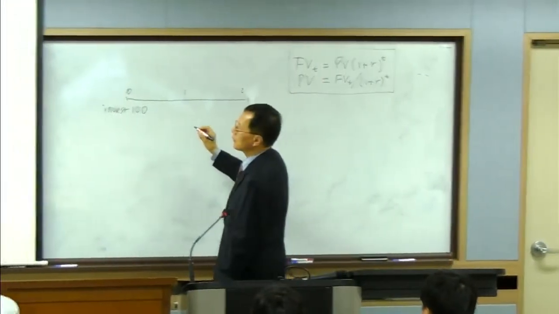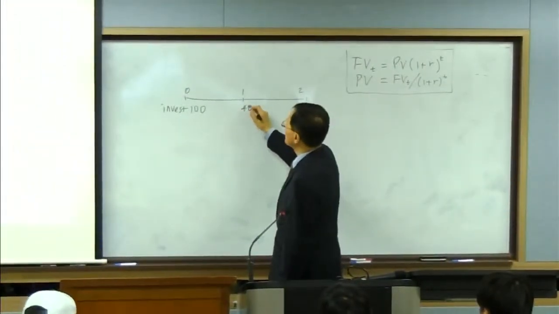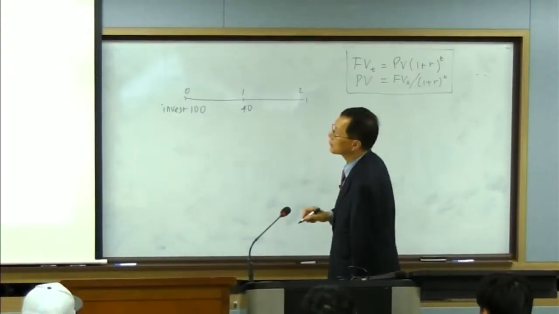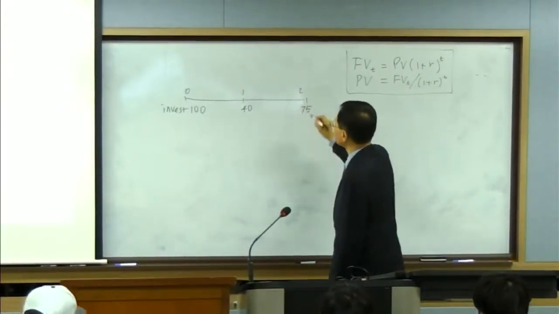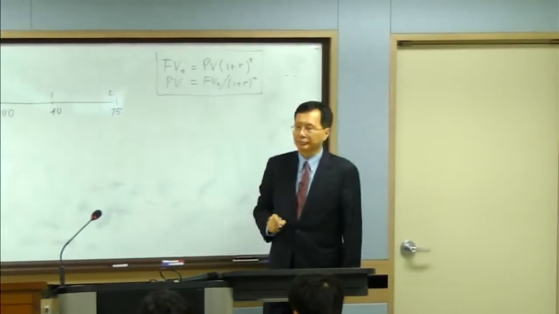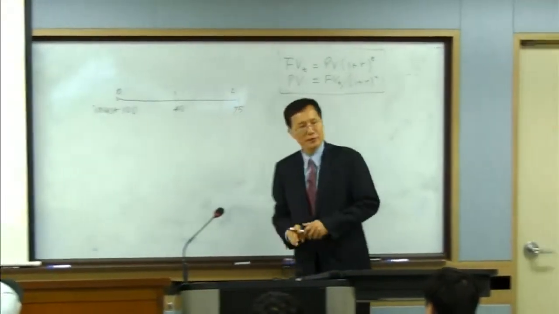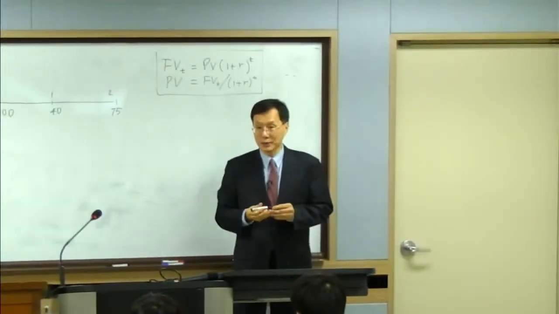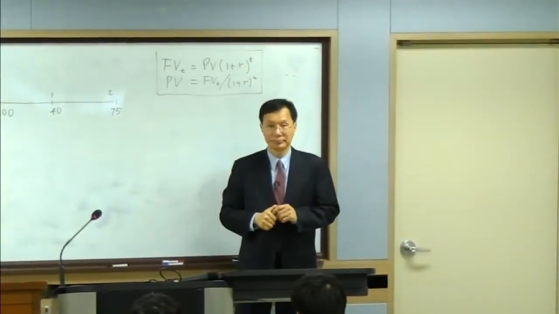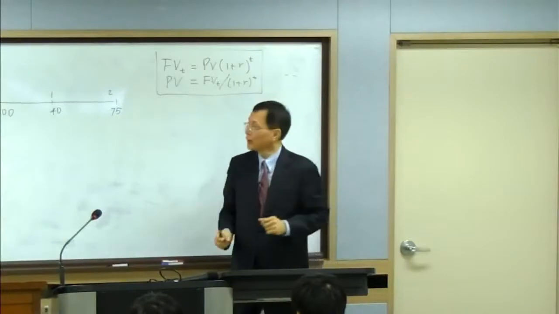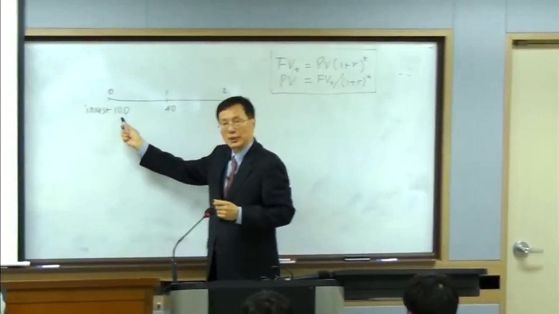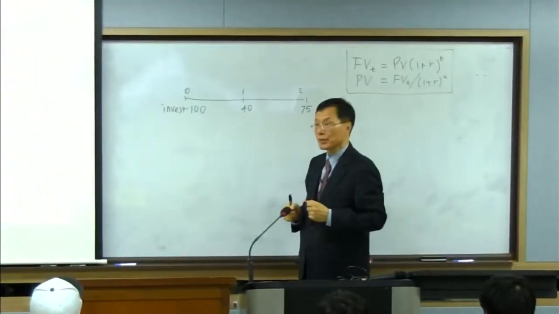And he will give you 40 in year 1, and he will give you 75 in year 2. So you invest 100 and receive 115 if you ignore the time value of money. Right? If you ignore the interest, then you invest 100 and you receive 115.